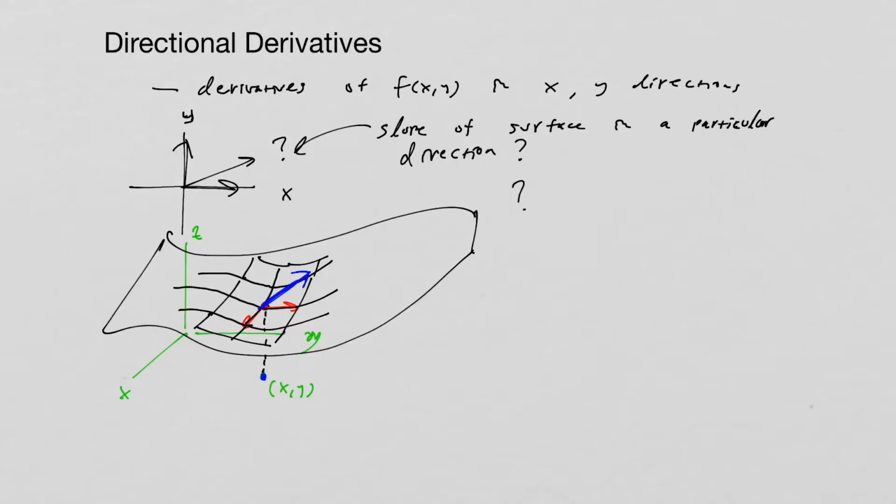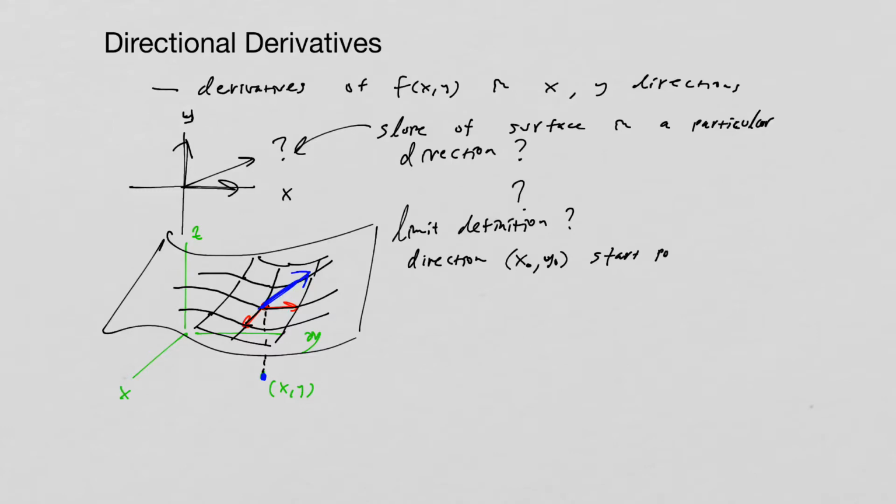Well, what we're going to do is something very similar to what we would do, and recall that any derivative is ultimately defined by some limit definition. All right. So first off, we're going to figure out what we mean by direction. First, we're going to start at a very specific point. This is our starting point. That's our reference point. And then we have u, which is going to be our direction.